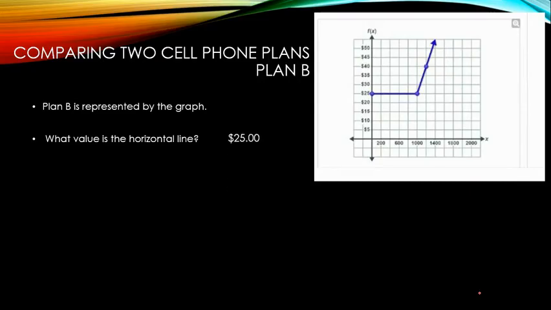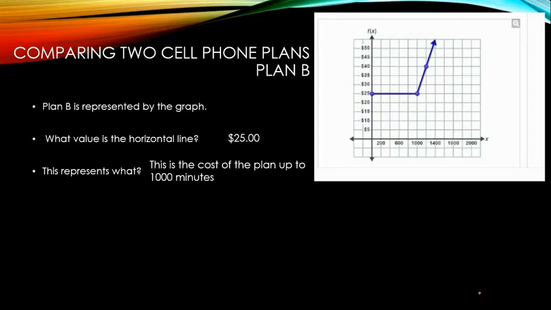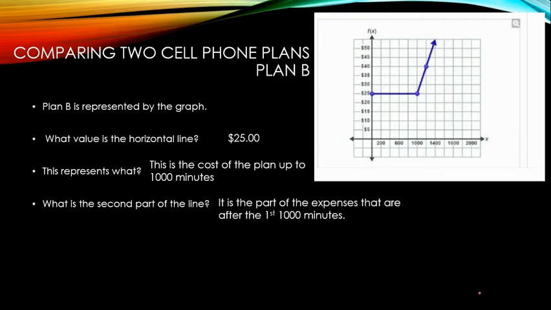It's $25. What does this represent? This is the cost of the plan up to the 1,000 minutes. What is the second part of the line? It is the part of the expenses that are after the first 1,000 minutes that your fee covered.